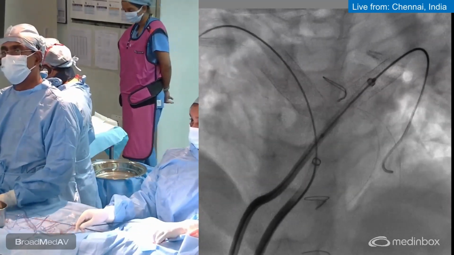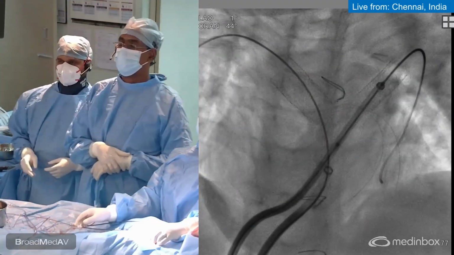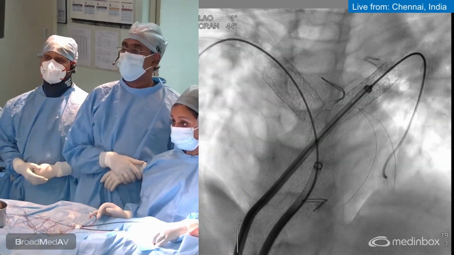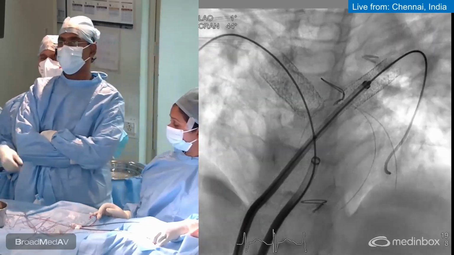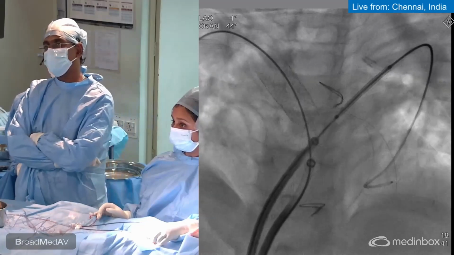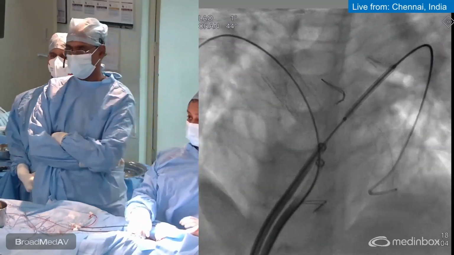I'm again putting in the sheath inside. Oh, the stent is moving. Oh. Once again. Can we see whether... show the previous picture. Did we record the inflation? Okay.